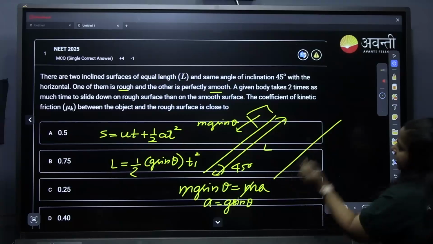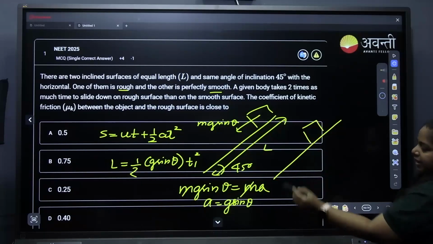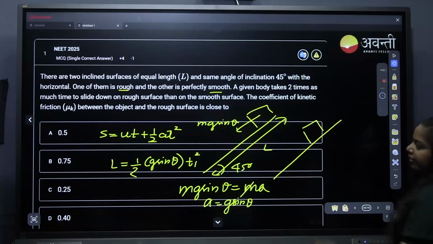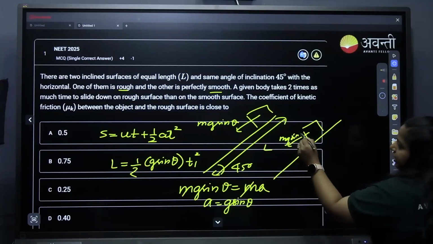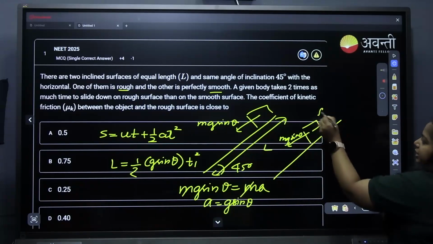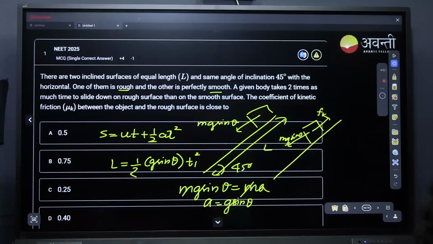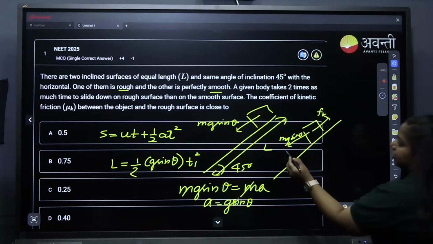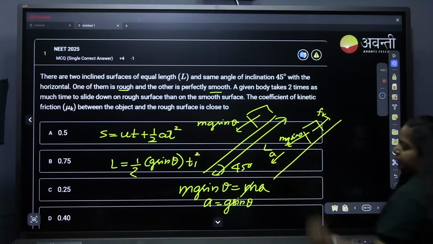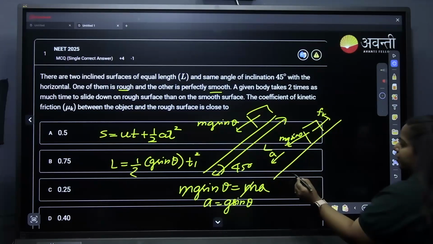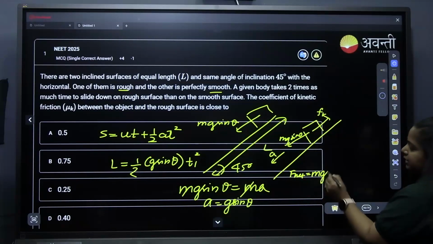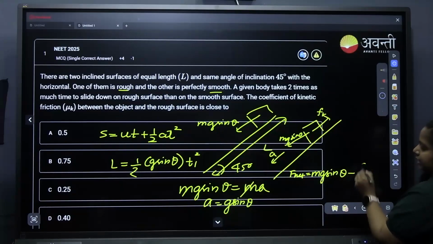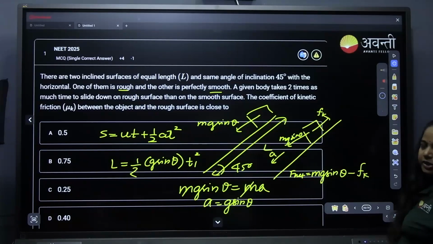Second case, length is L, inclination is 45, no change there. mg sin theta acting downwards, in the upward direction there is kinetic friction acting, and the net movement is in this direction. So here the formula will be F net equal to mg sin theta minus kinetic friction.